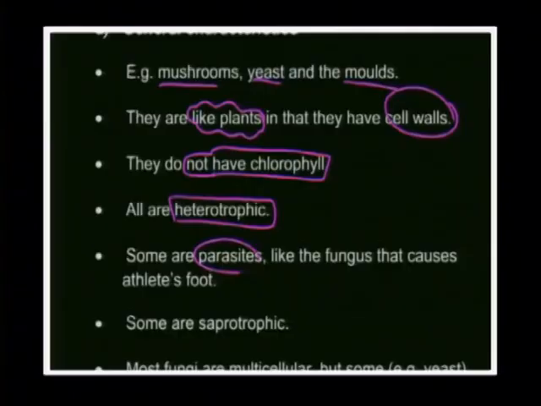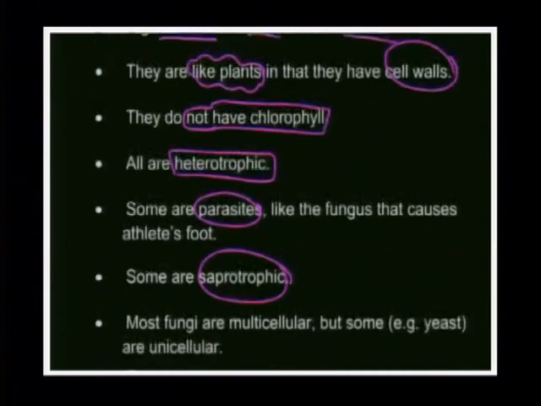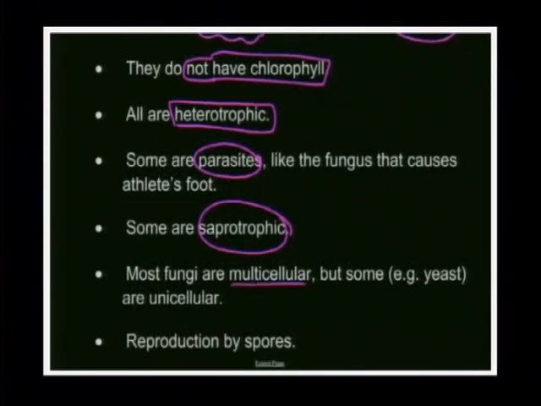When they are heterotrophic, they may be parasites or saprophytes. Most are multicellular, but some are only one cell, and they reproduce by means of spores. So we move on.